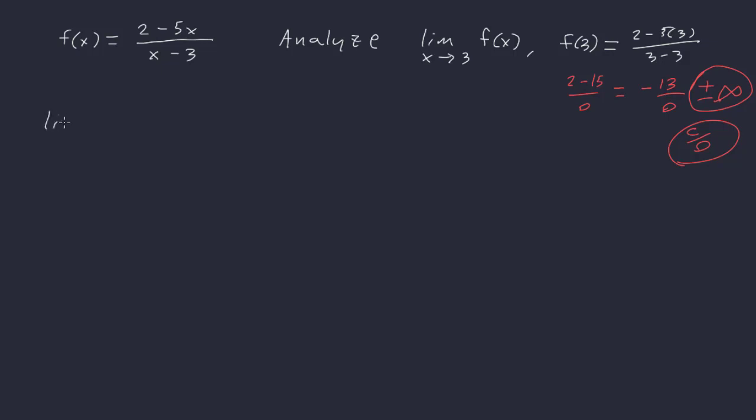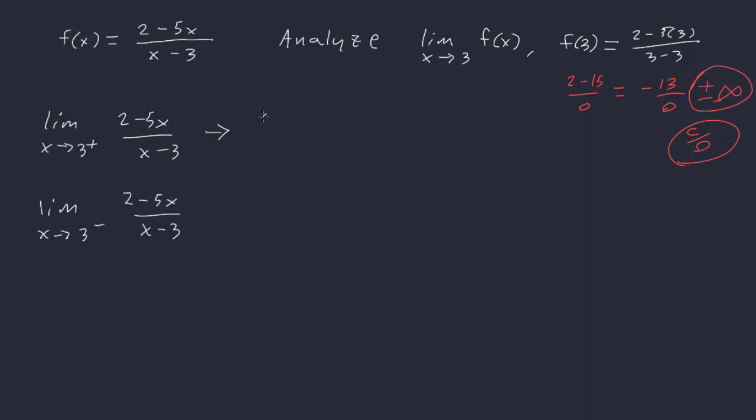Okay, so now we're going to look at both sides. I want to look at the limit as x goes to 3 from the right of this, and the left. Now here's how I like to do this. When I'm dealing with a plus or minus infinity case, or constant over 0 case, I like to plug in the 3 plus.